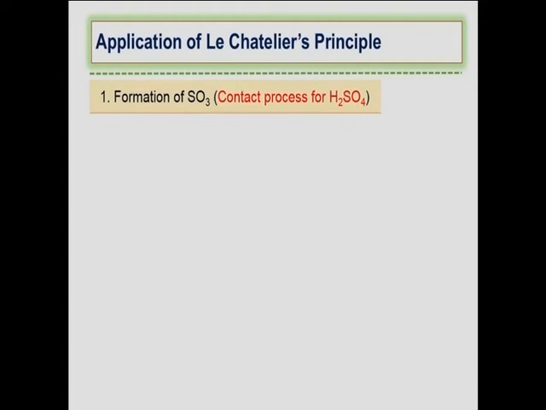Why do you think sulfuric acid is known as the king of chemicals? Because in industries, sulfuric acid is used to manufacture a variety of other chemicals. That is why sulfuric acid is also known as the king of chemicals.